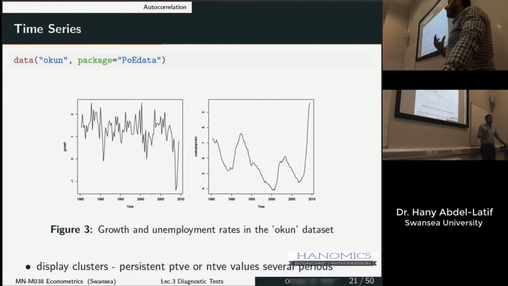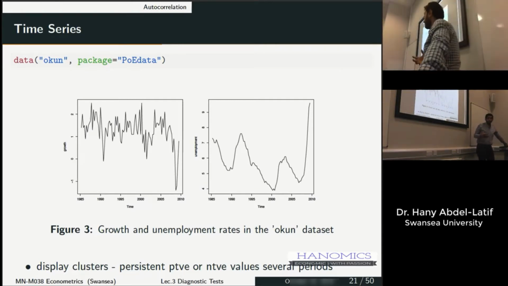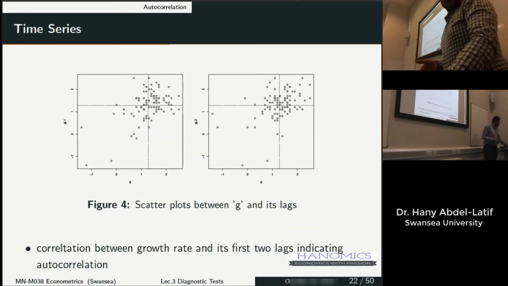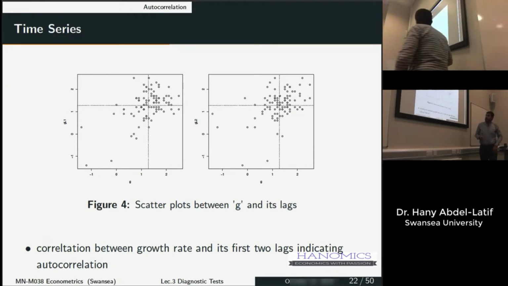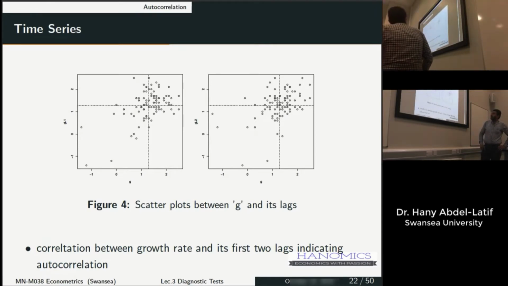Just looking at the data, you should examine your data, but at the same time you need to do some sort of tests. Here again, I'm plotting the data for the growth rate against its lags, so time t minus 1.